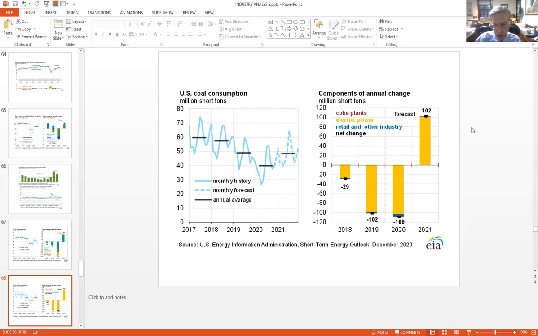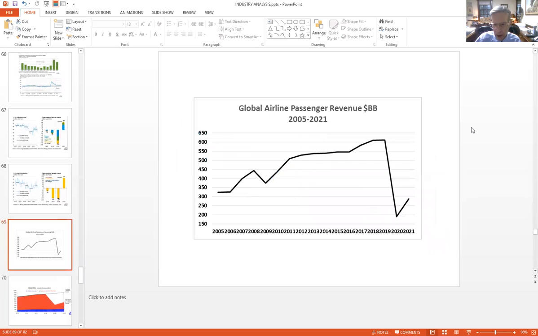So here's the consumption of coal in the United States. It's just the flip side of what we looked at a minute ago. And now we're off to another industry, but I think we've looked at a couple industries now: automobiles and electric power and fuel.